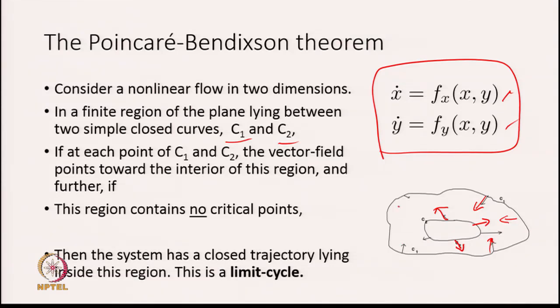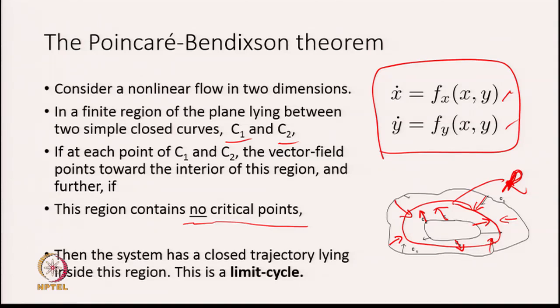So, all along the curve C1 we have the vector fields pointing inwards, all along the curve C2 we have the vector fields pointing outwards, and furthermore, if this annular region, let us call it R, does not contain any critical points, then the Poincare-Bendixson theorem says the system has a closed trajectory lying inside this region, and this is a limit cycle.